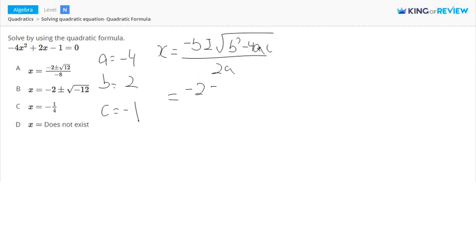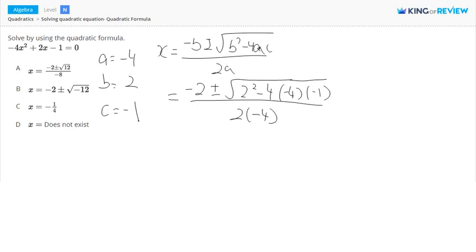Negative 2 plus or minus the square root of 2 squared minus 4 times negative 4 times negative 1, over 2 times negative 4.